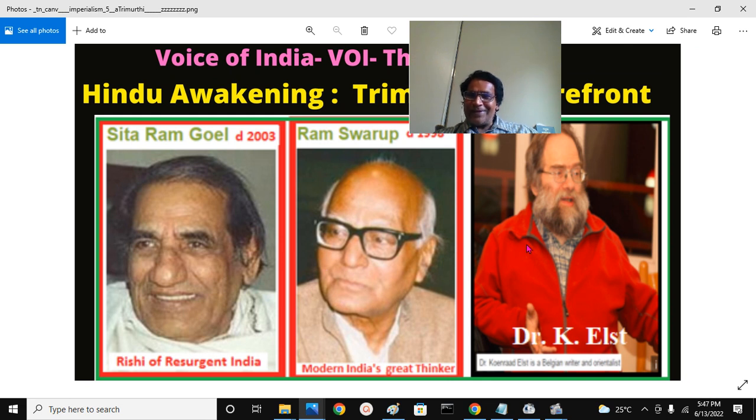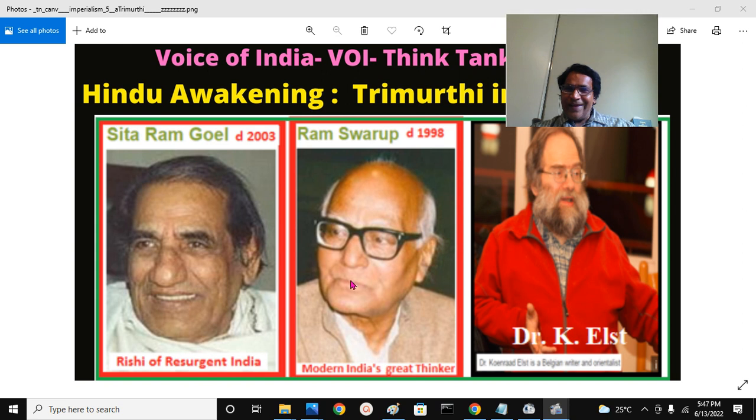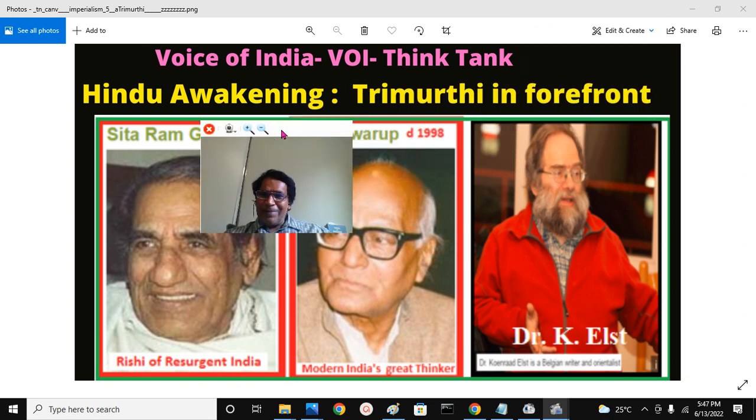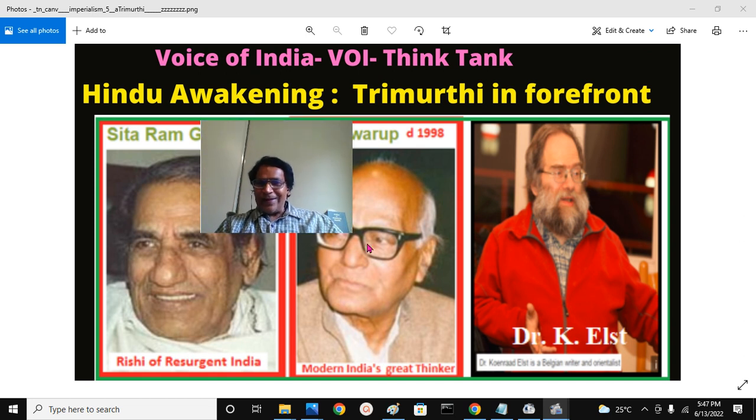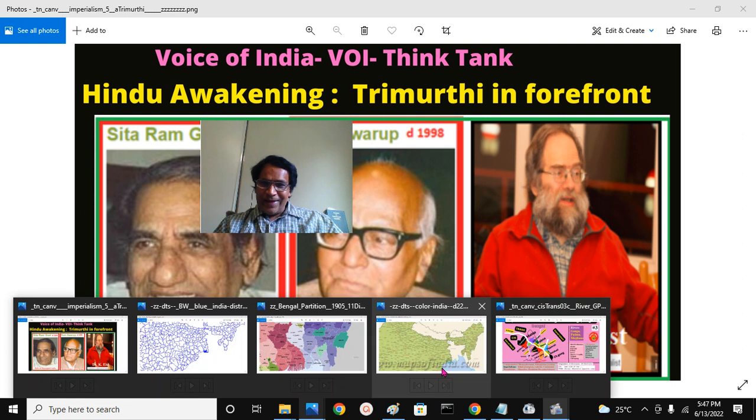Three great scholars emerged in India: Maharshi Sitaram Goel, Ramswarup ji, and Dr. Koenraad Elst. They made doctrinal rejoinders to the concept of alienation and secularism and so on. In the Voice of India think tank, the intellectual movement, they started.